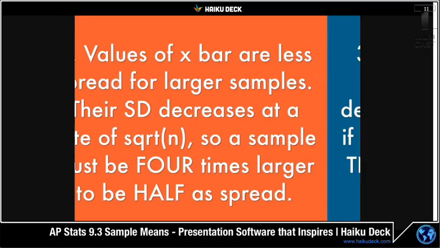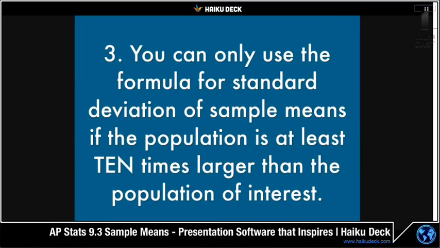And the third behavior of X bar, you can only use the formula for standard deviation of sample means if the population is at least 10 times larger than the population. I wrote that wrong. You only use the formula for standard deviation of sample means if the population is at least 10 times larger than the sample that we're dealing with.